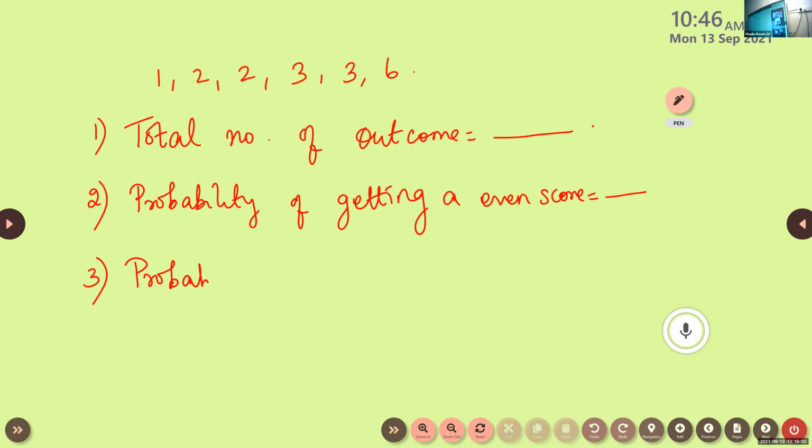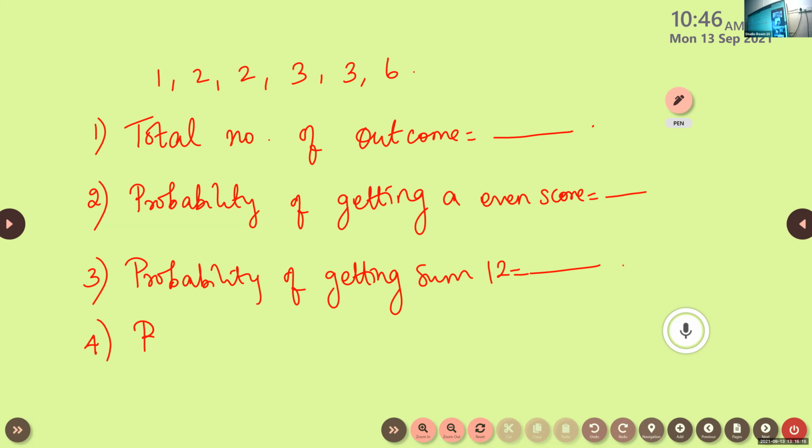Third one, probability of getting sum 12. Probability of getting sum 6.